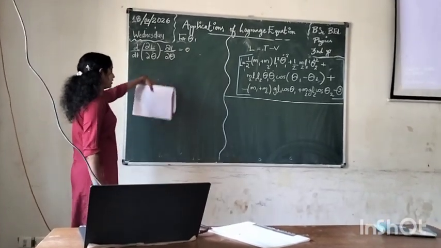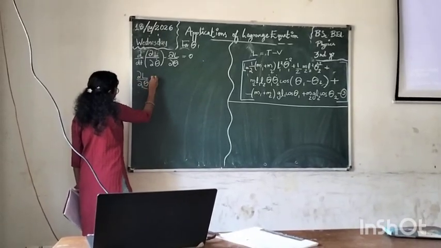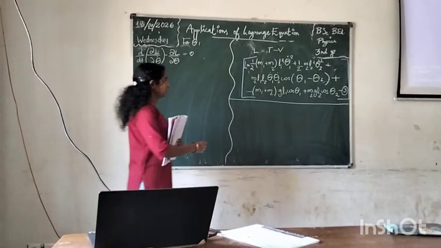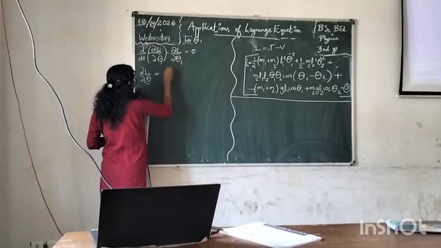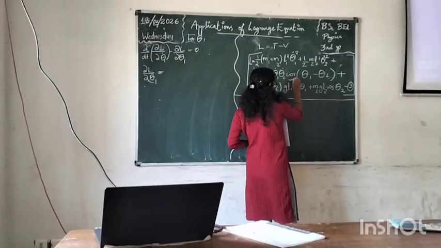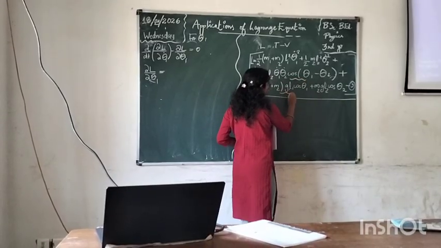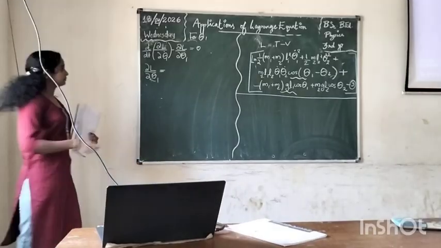So first we can find dou L by dou theta. The theta 1 terms are present in this one and in this one, so we have to find the derivatives of them.